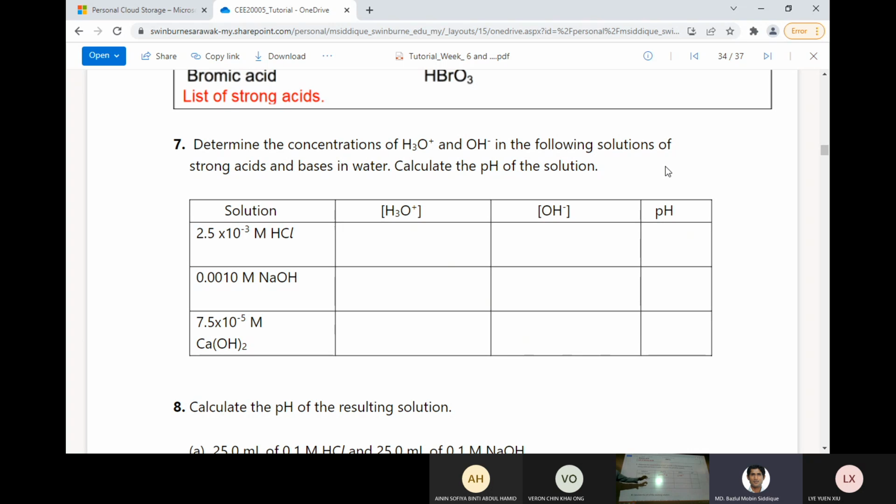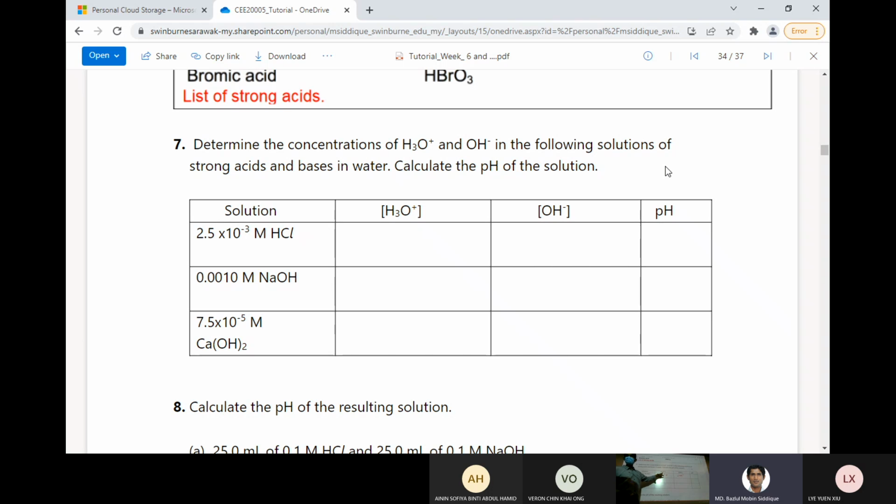Concentration of hydronium ion in the following solutions of strong acid and base, to calculate the pH of the solution. 0.001 molar sodium hydroxide. Sodium hydroxide is a strong base, right? So how much hydronium ion are we expecting? I got you here. Sodium hydroxide is not producing hydronium ion.